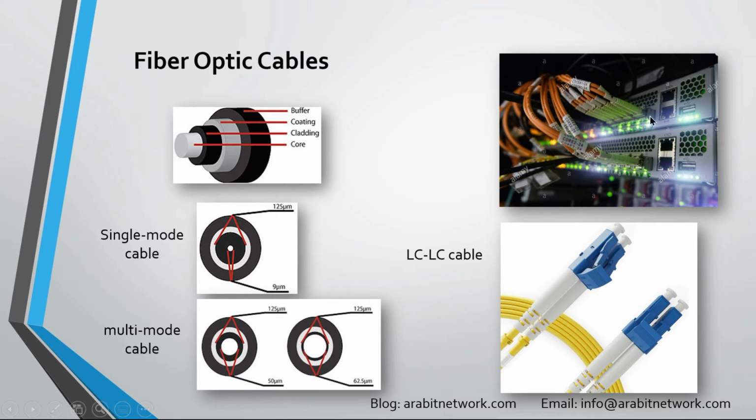Great. So this is a SAN switch. These are the cables hooked to it, and this is the most common cable used for storage and also for Ethernet inside your data center. This jack type is called LC, so it has LC on both ends, and this cable is called an LC cable.